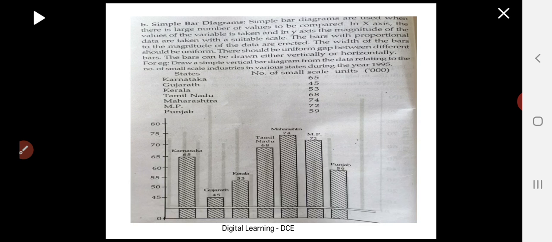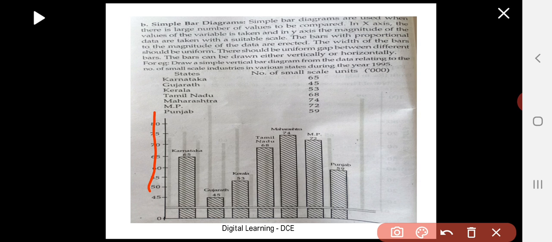If we look into simple bar diagrams, an illustration is given here. Various states have been given, with the number of small scale units in thousands as data. When we put it in the simple bar diagram, on the x axis there is the state, and on the y axis there is the number of small scale units.